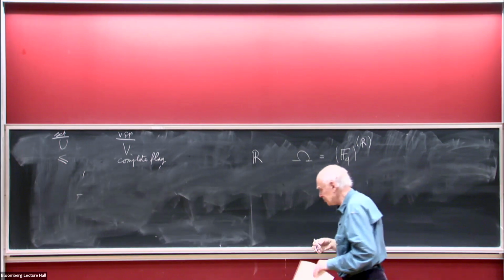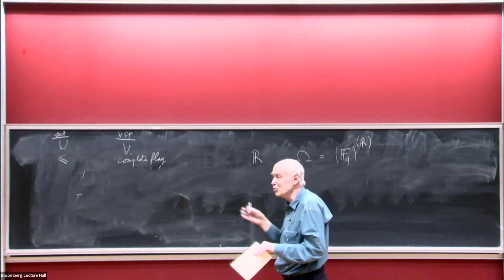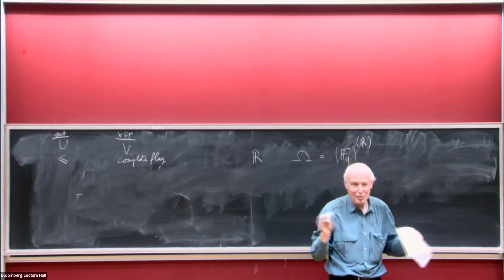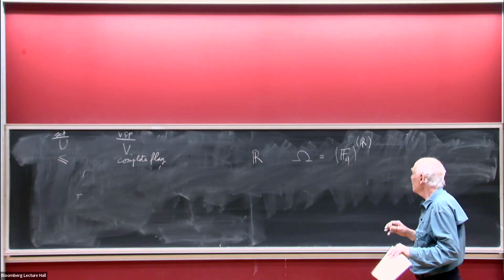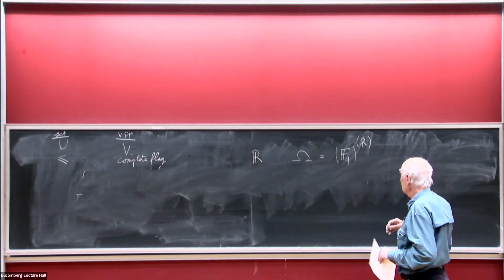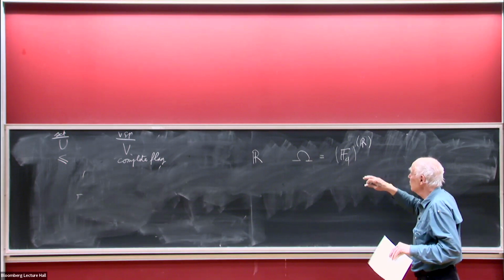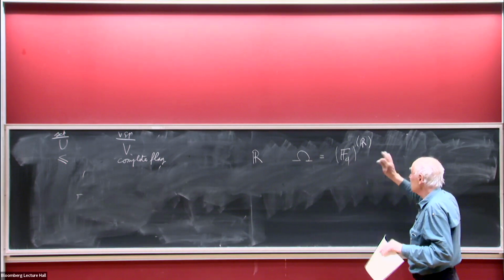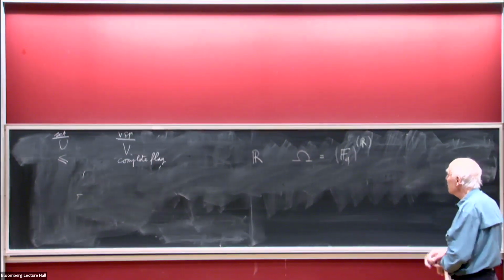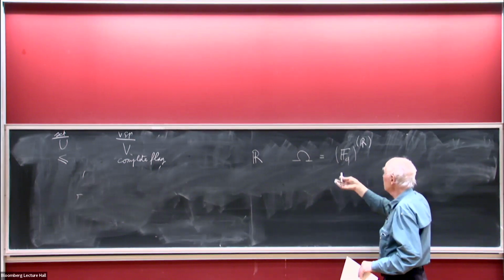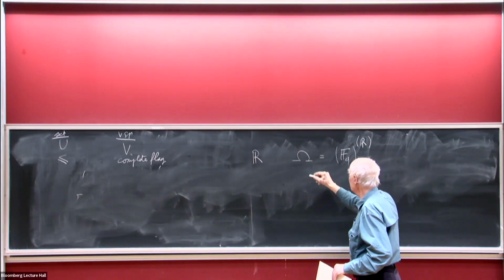Here also, if you prefer rational numbers instead of real numbers, it will not matter. Yes, I did not say what the automorphisms are. Now here you have a number of subspaces.